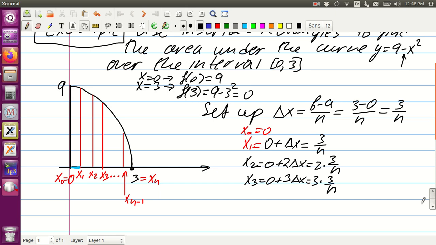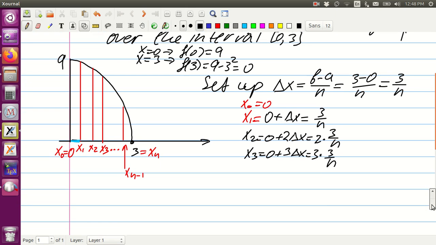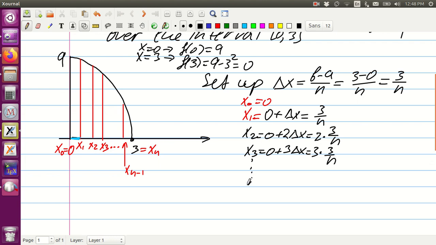I'm not simplifying because I want to do something with it a little bit later. And dot, dot, dot. x sub n minus 1 is 0 plus n minus 1 times 3 over n, because you can clearly see that this 1 matches up with this 1, this 2 matches up with this 2, this 3 matches up with this 3, and so n minus 1 matches up with this n minus 1.